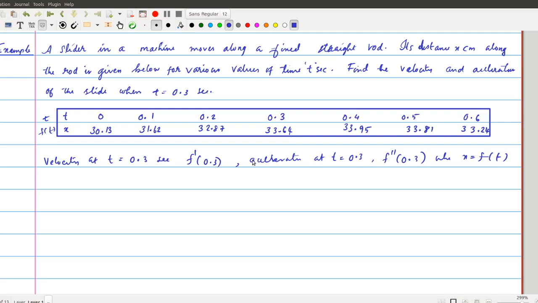If you remember that formula, you can directly write it, or otherwise you can construct and derive that formula and apply t equal to 0.3. Anyway, we must have a forward difference table to evaluate this velocity and acceleration. So first of all, we construct that table.